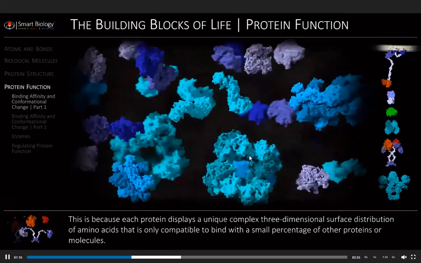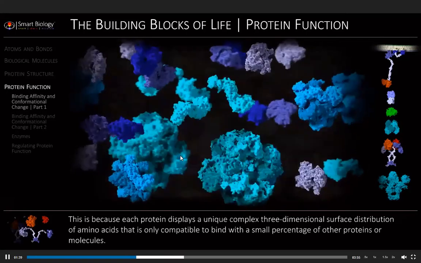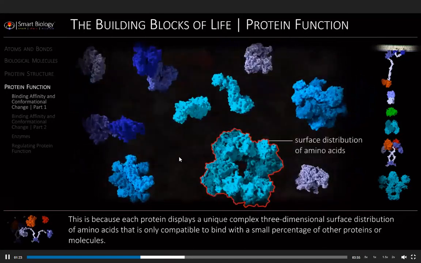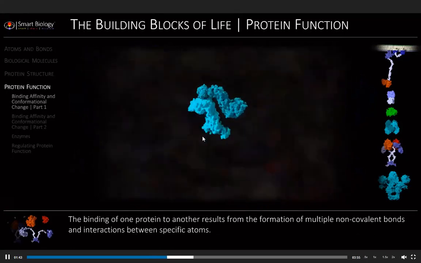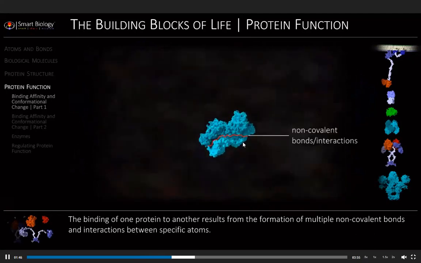Randomly, proteins will collide with each other, but only those proteins that have surfaces with an amino acid distribution compatible with another protein will come close enough to each other. In general, proteins don't come very close to each other, but sometimes they do if they have compatible surfaces, okay?